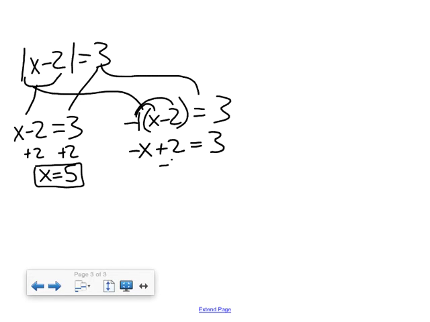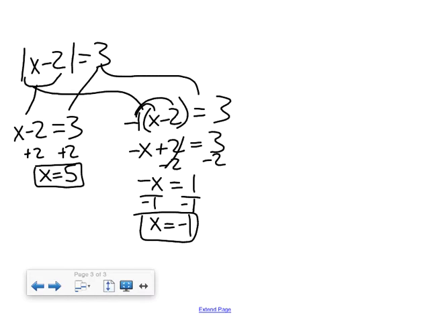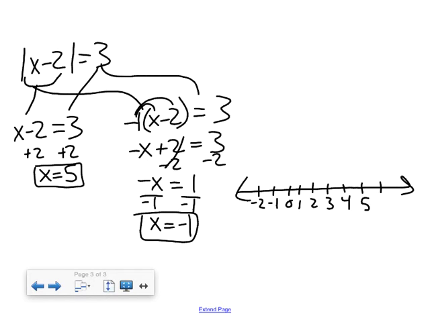So I would subtract 2 from each side, and divide by negative 1. So my solution would be x equals negative 1. Then I would want to graph that on a number line. All right, so I have solutions at negative 1 and 5.